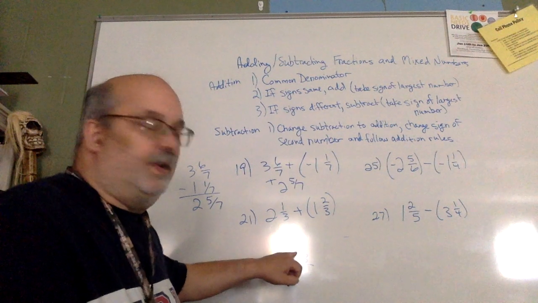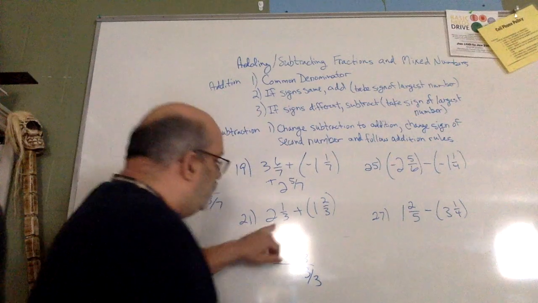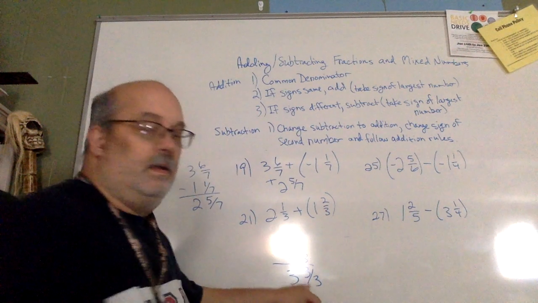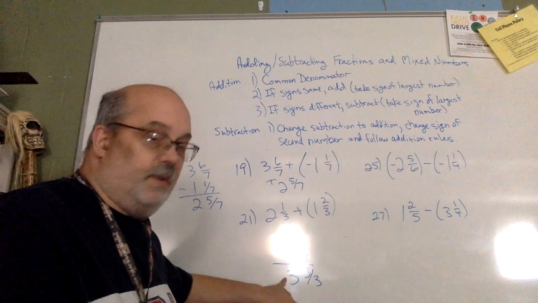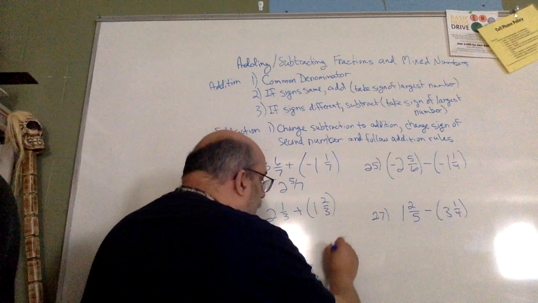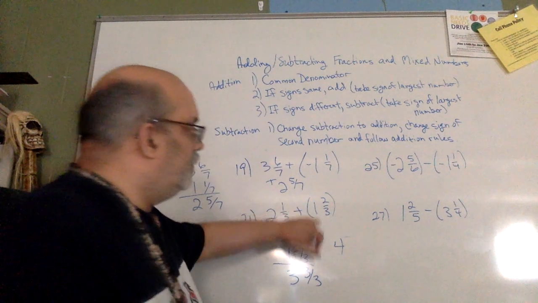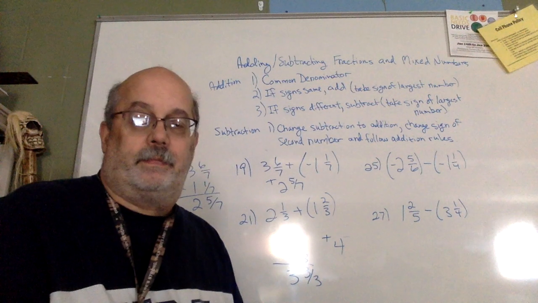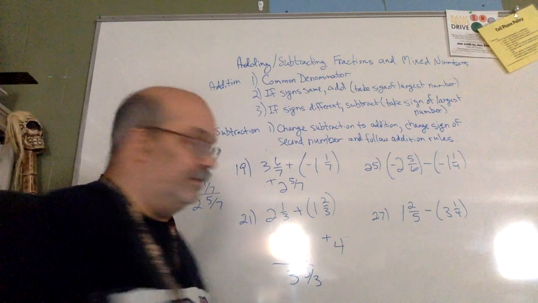One-third plus 2/3 is 3/3. 2 plus 1 is 3. 3/3 is 1. So we add 1 to the 3 and make it a 4. 2 is larger than 1, so our answer is positive. Let's move on to the harder problems.